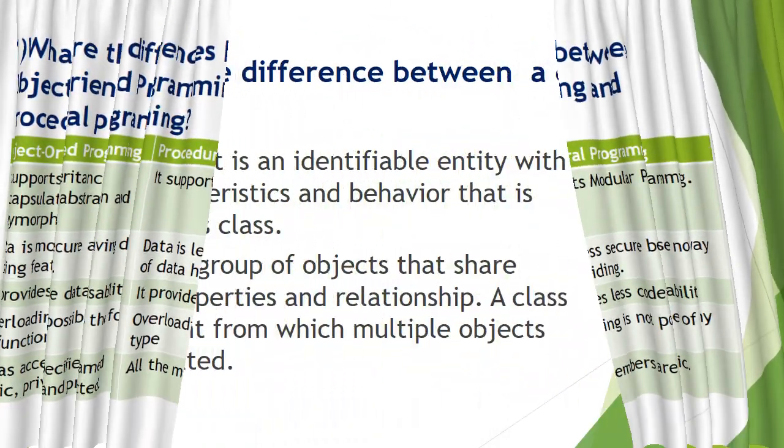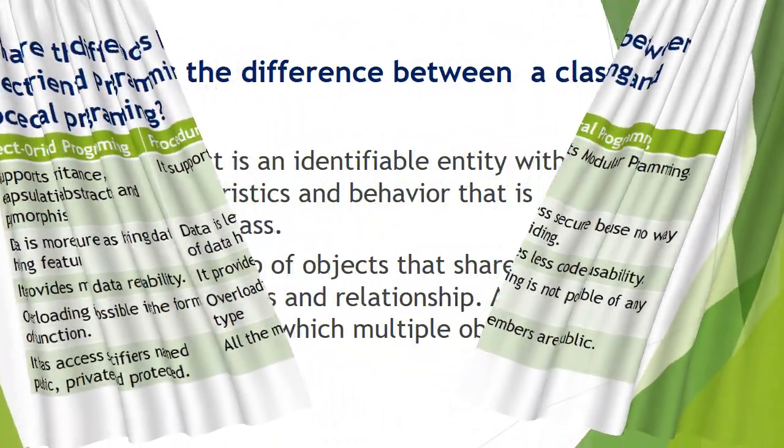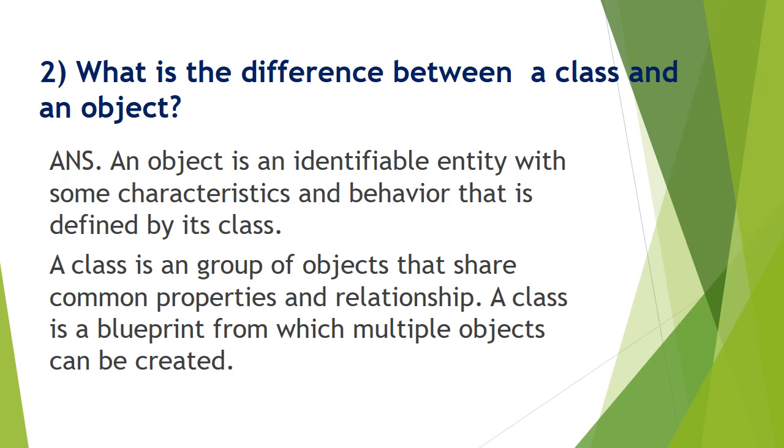The next question which I want to explain to you is, what is the difference between a class and an object? I already explained to you about the class and object. An object is an identifiable entity. It has its own identification with some characteristics and behavior.